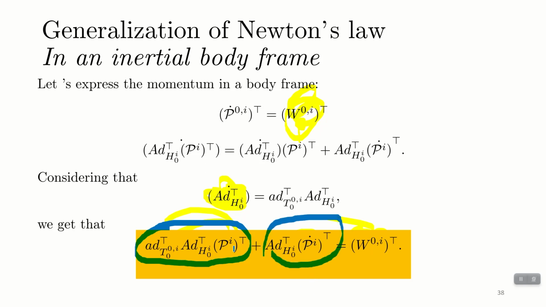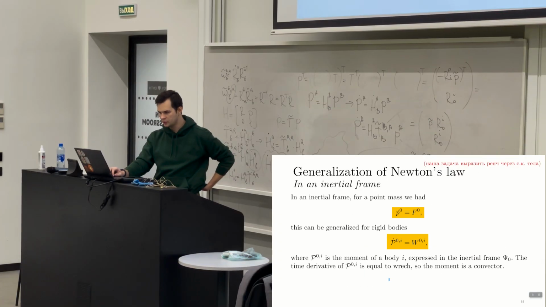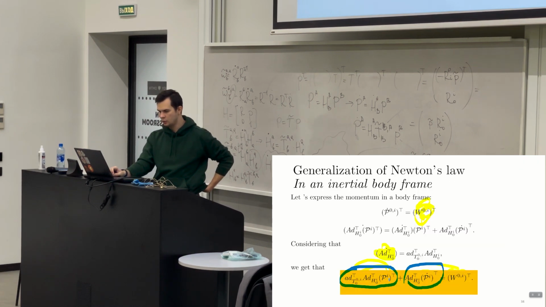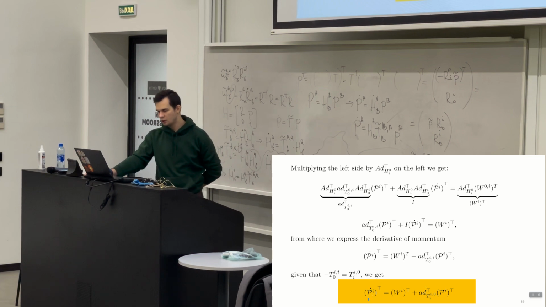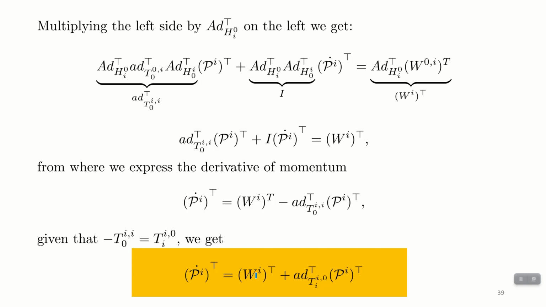If we express it in the inertial frame, there is only one component, just p dot. But now here we have two components. If we do the whole derivation, we'll find out that p dot is equal to the wrench plus an additional term, and this additional term is nothing else than the gyroscopic effect.